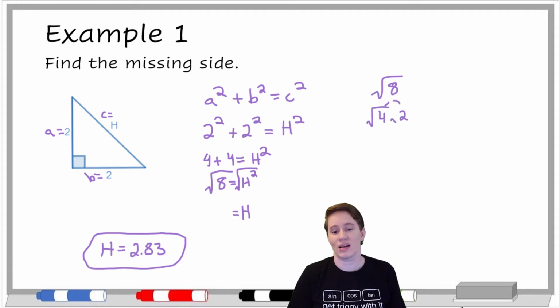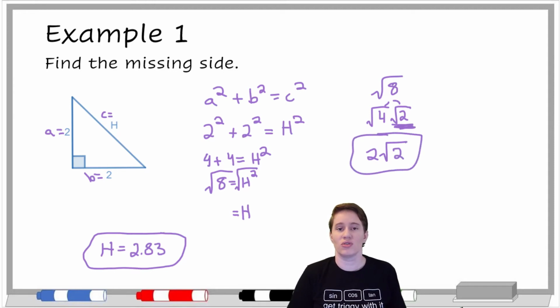I can take the square root of 4, which gives me 2, but the square root of 2 I can't actually simplify; it would just give me a decimal, and it's a prime number. So the square root of 8 simplified is 2 square roots of 2.